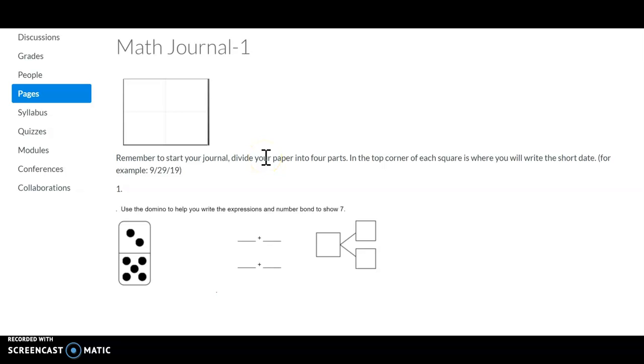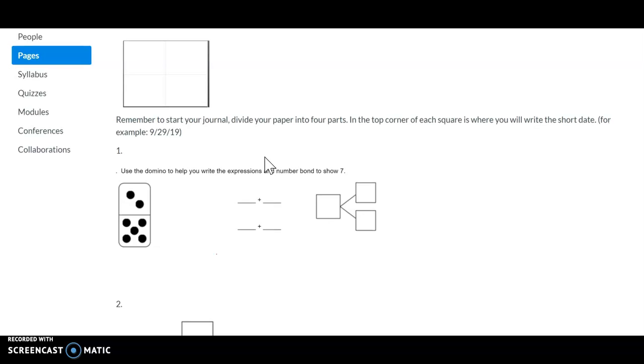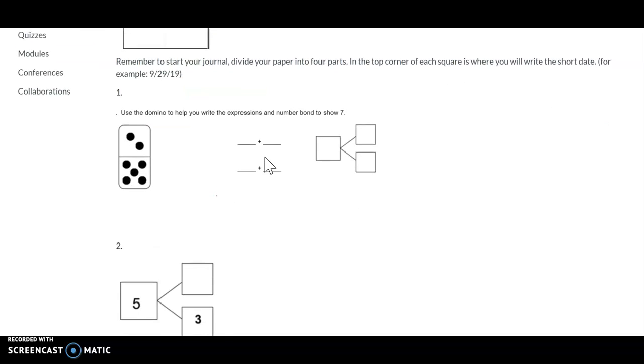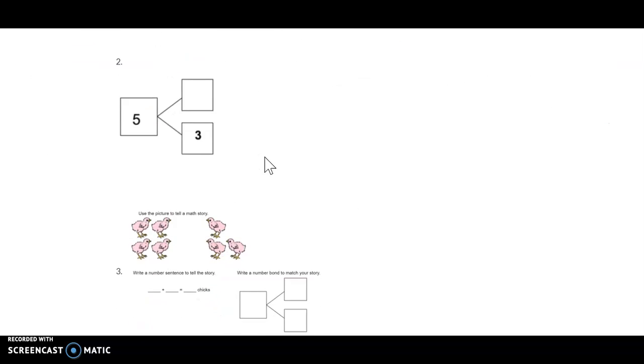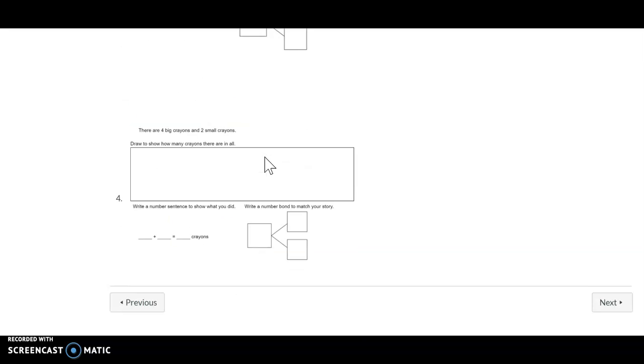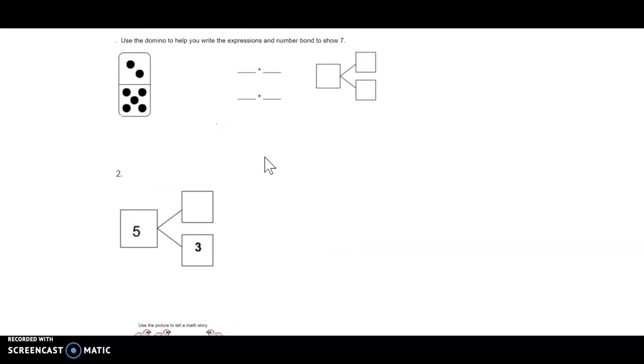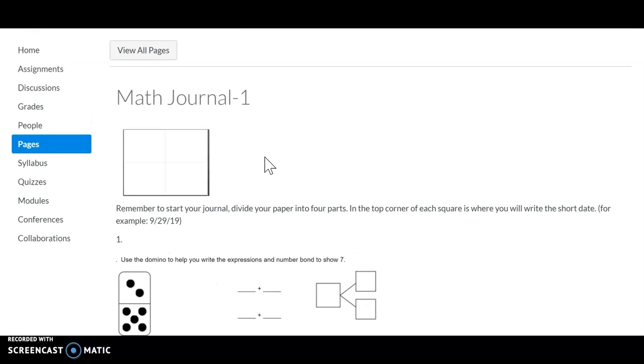If they wanted to do all 4 problems in 1 day or 2 days, they could do that. If they want to do one each day for 4 days, they could do that also. It's kind of up to them. There are just 4 problems here that they would complete in their journals, and then they would turn that in and I would grade those.